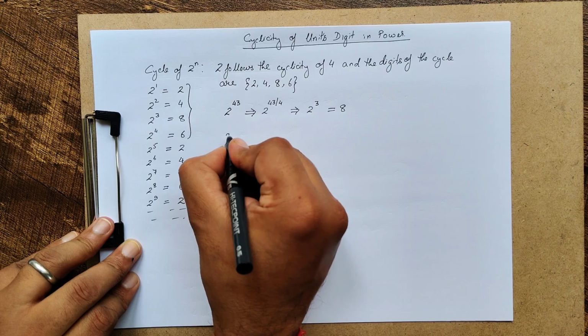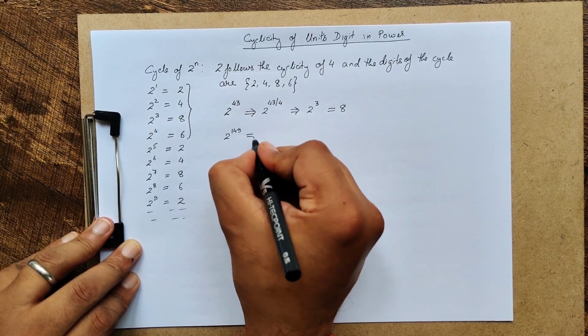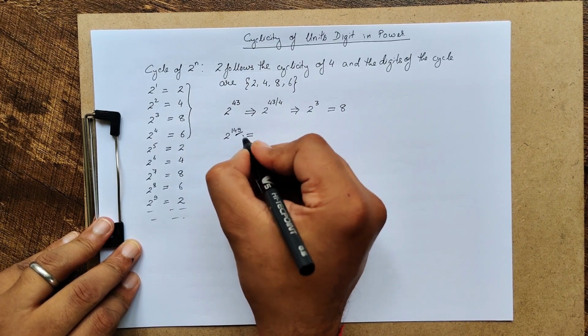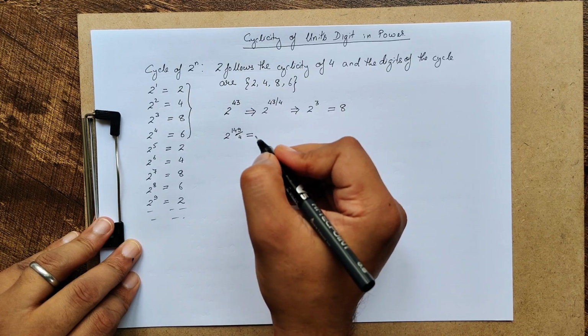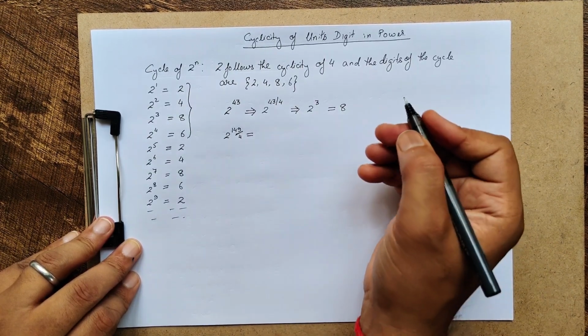Similarly, 2 to the power 149. What will be the value at the units digit? We just need to divide the last 2 digits of the number by 4 to see if the number is perfectly divisible by 4 or not, or what will be the remainder.